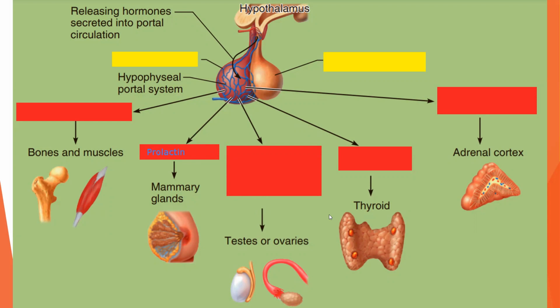This time, let's proceed to the hormone secreted by your anterior pituitary gland that is responsible for the activation of your testes for the males and ovaries for the females. Anybody from the class able to identify the hormone produced by the anterior pituitary gland that activates your testes or your ovaries?